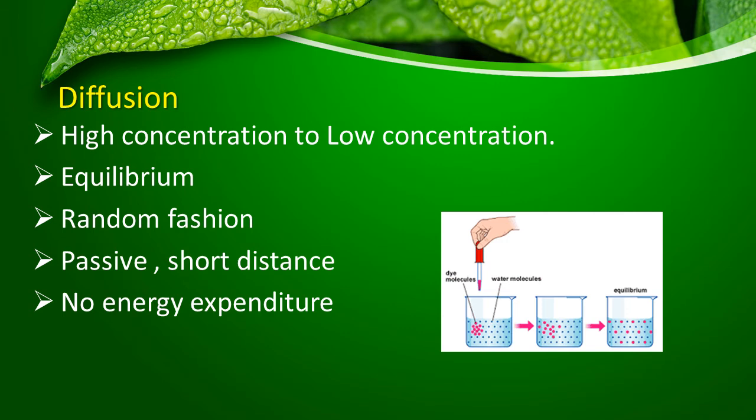When the solute particles are dispersed into the water molecules, they move in a random manner until they acquire an equilibrium. So slowly the solute particles are diffused into the water molecules until they acquire an equilibrium. This is a passive process. The molecules move within a short distance and no energy is required for the movement of the molecules.